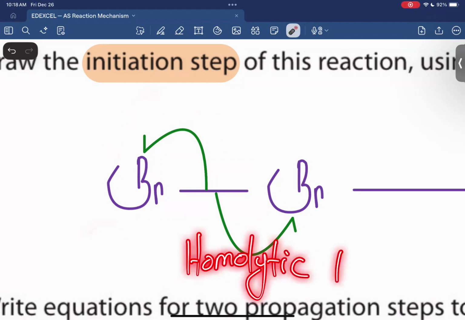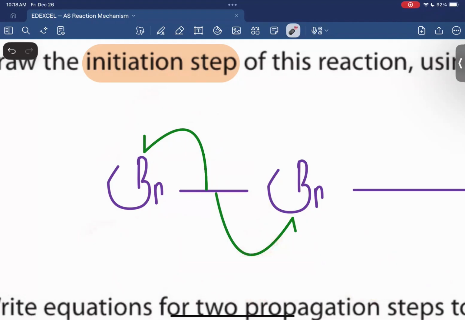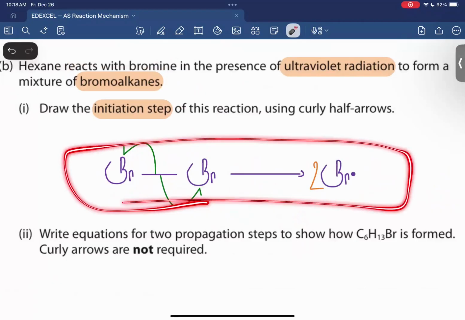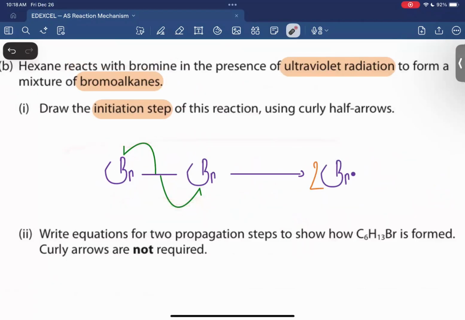This is the type of bond breaking in a covalent bond where one electron goes to each of the atoms involved in the covalent bonding. So this was the initiation step. The first step of a free radical substitution reaction is the formation of these radicals.